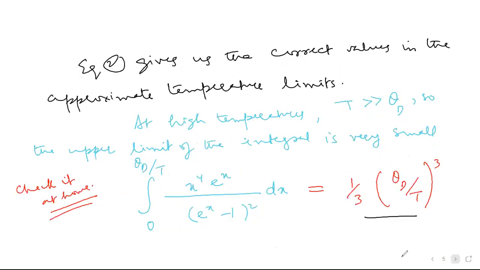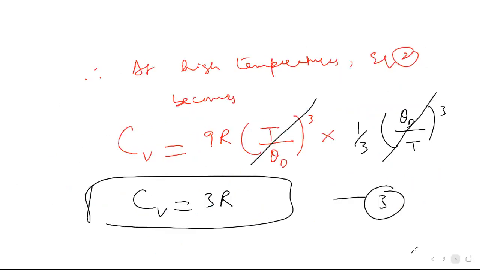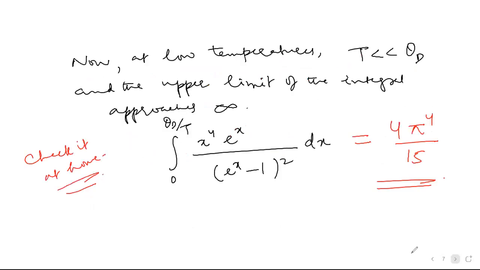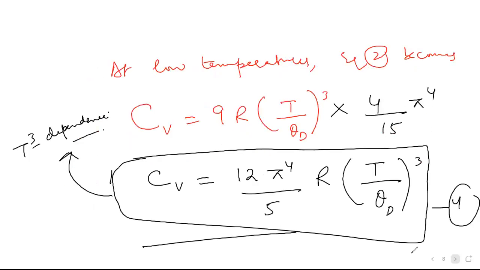Then we discussed the high temperature limit and low temperature limit, where I gave you 2 more home assignments to do. We said in the high temperature limit, Debye equation 2 reduces to the Dulong-Petit law, and at low temperature, it predicts T cube dependence of Cv. So that was our lecture. So this is all for today.